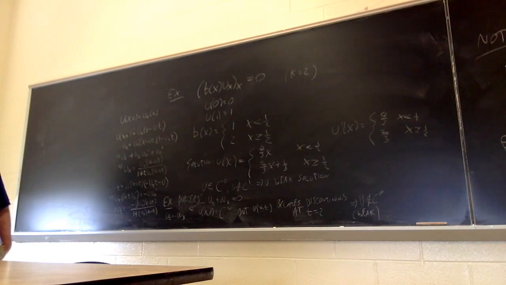But the reason why I did this in the first place was to try to shed some light on the nature of the discontinuity. What ends up happening is the solution at some point no longer has a unique value.